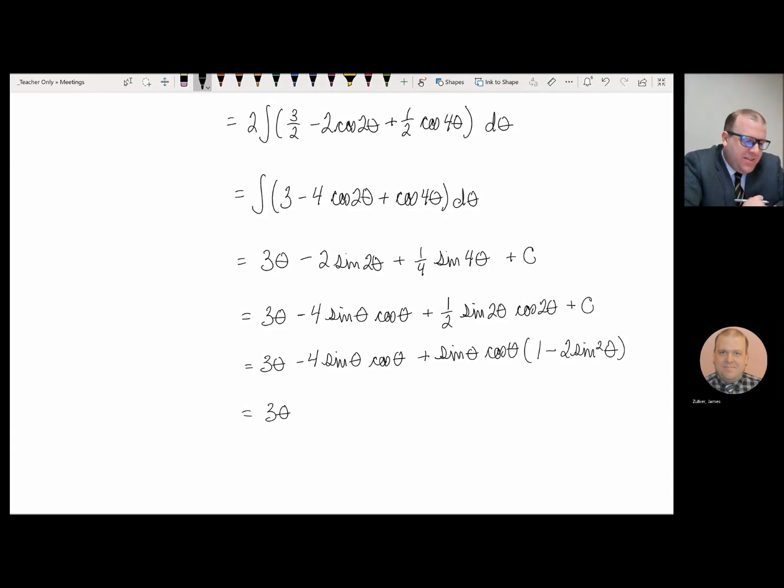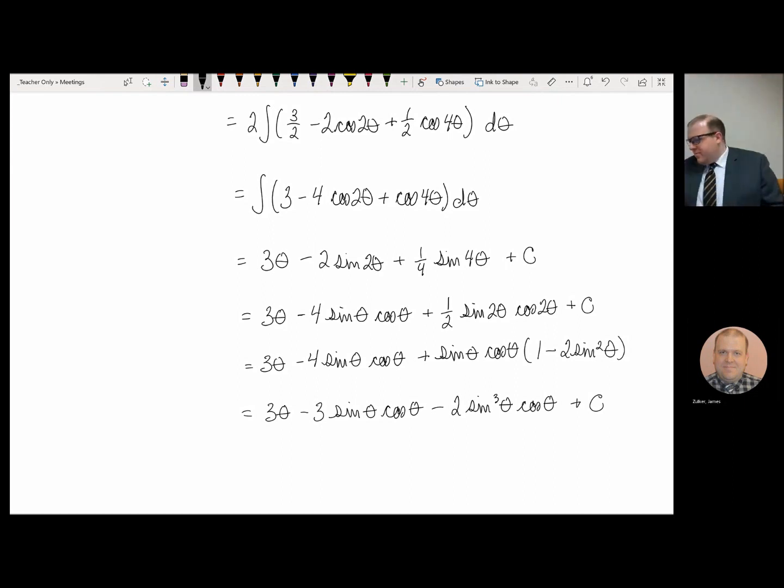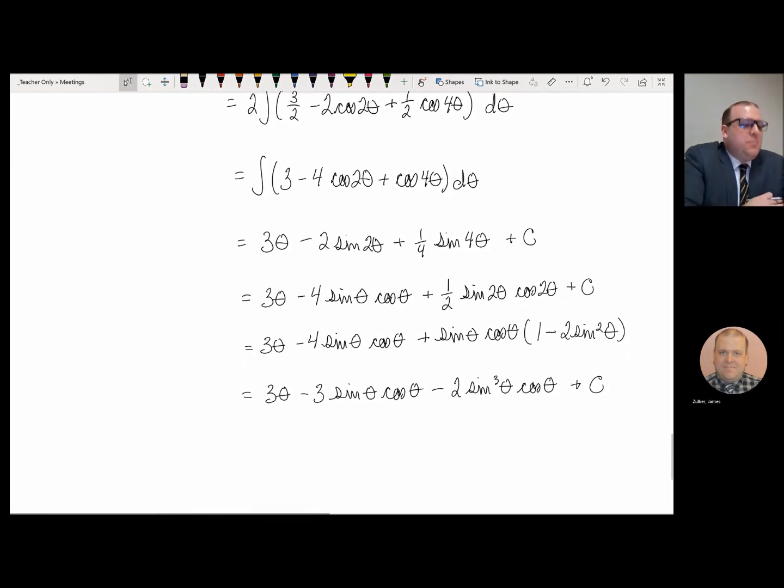We have -4 plus 1. Nowhere near what I got in my notes, but it should simplify out to be the same. Perfect.